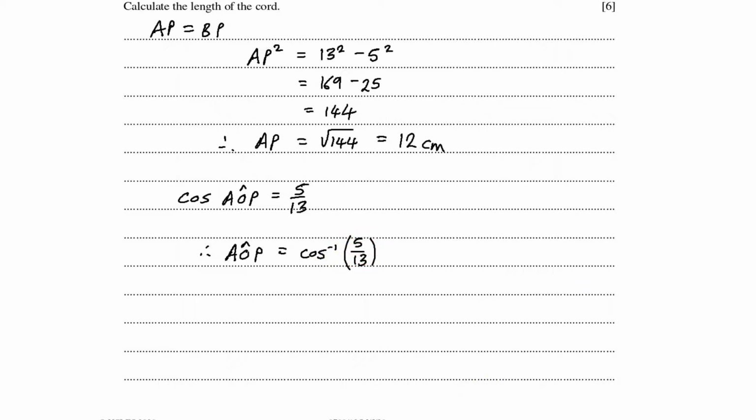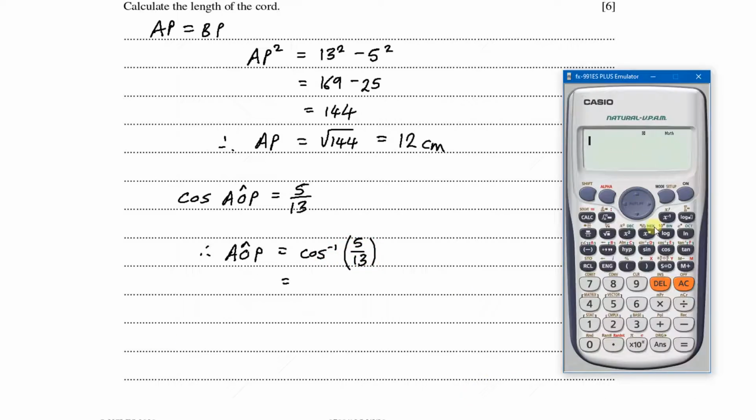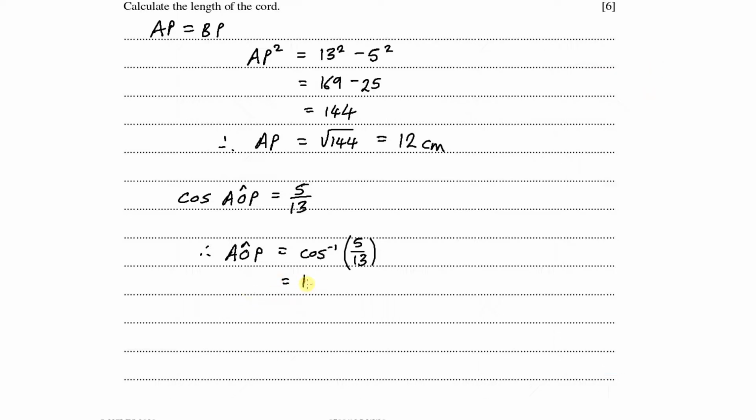So we can type that in. So I'll have the mode in radians here. So that's shift mode, then radians, that's 4. So we're now in radians. So that's shift cos 5 over 13. And this gives us 1.176. So that's angle APO.